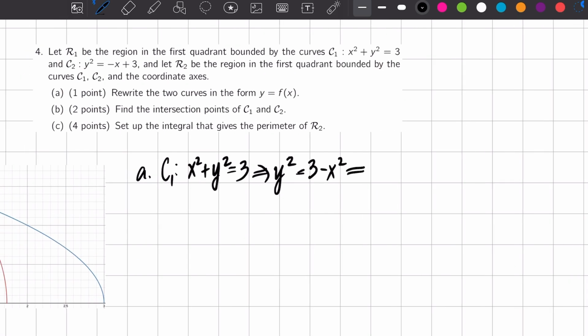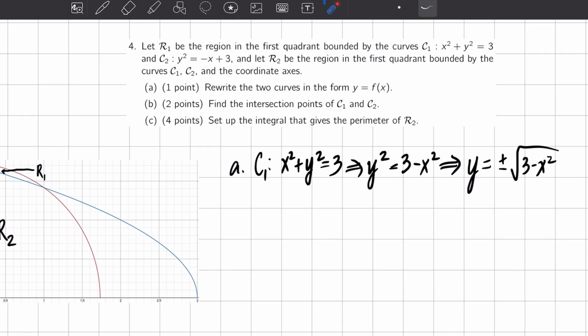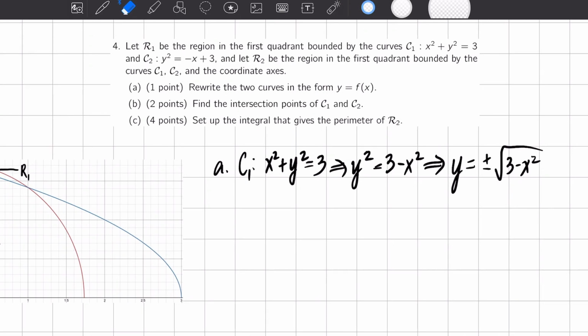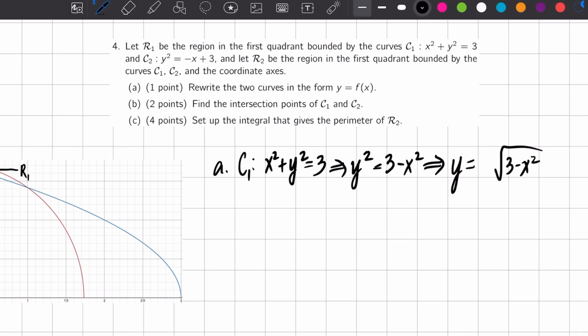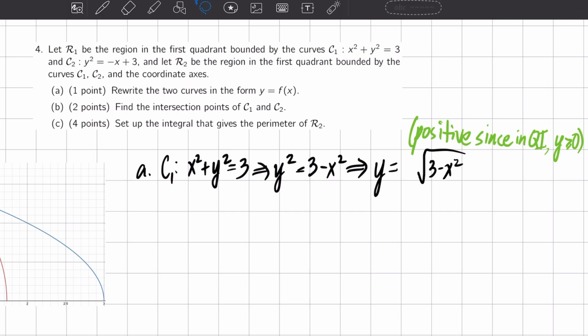Then obtaining the square root of both sides, we have y equals plus or minus the square root of 3 minus x squared. However, take note that we are considering the first quadrant, and in the first quadrant, the values of y are positive. So we are dropping this one and retain the positive, since in quadrant 1, y is greater than or equal to 0.